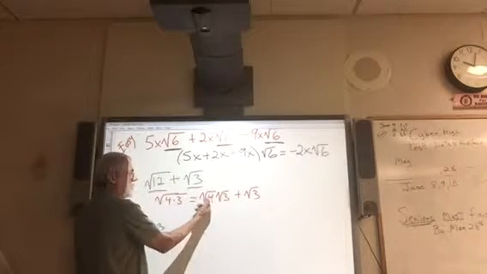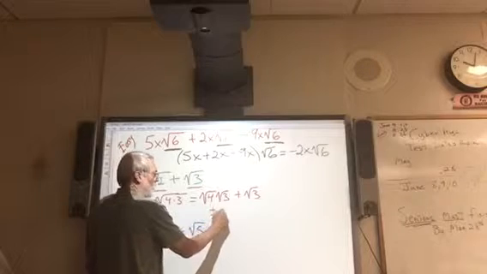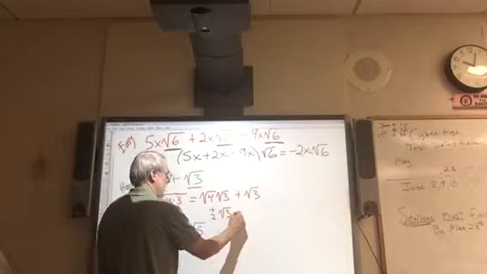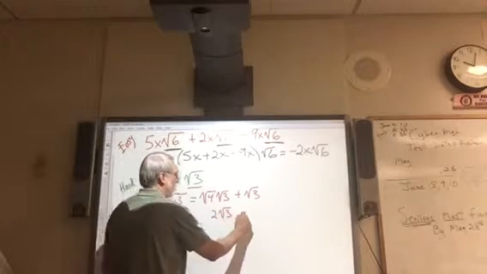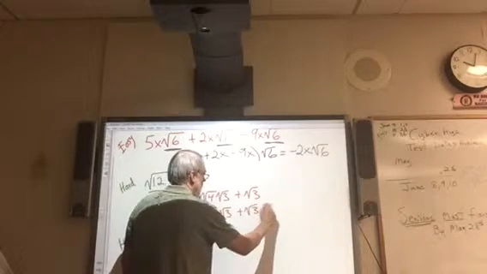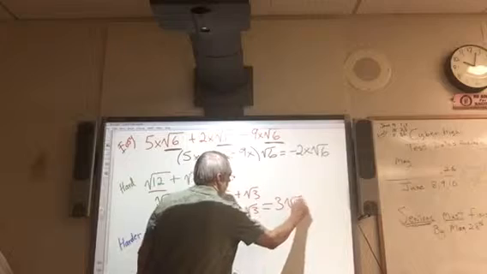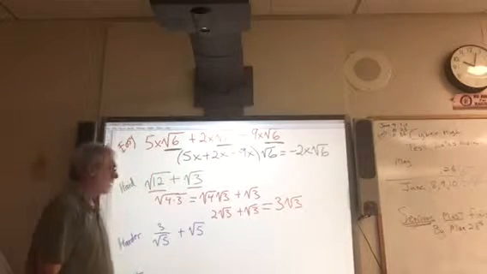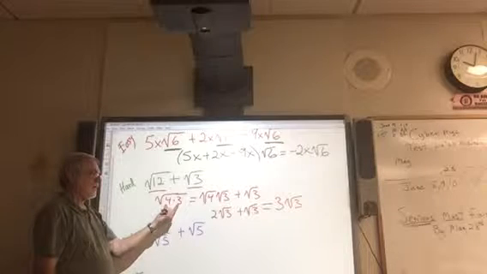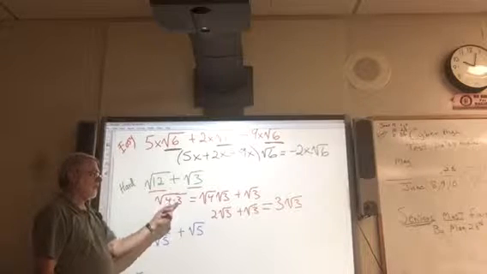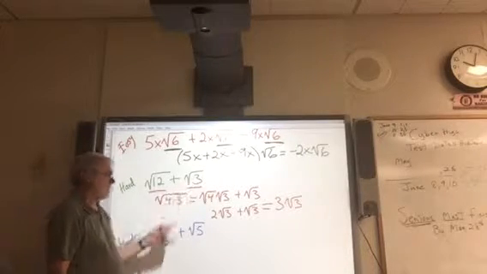Well, this is 2 radical 3. We'll leave it as 2 radical 3 plus radical 3 equals 3 radical 3's. Got it? So we changed this radical 12 to radical 4 times 3, took out the square root of 4, leaving this radical 3 to go with that one.